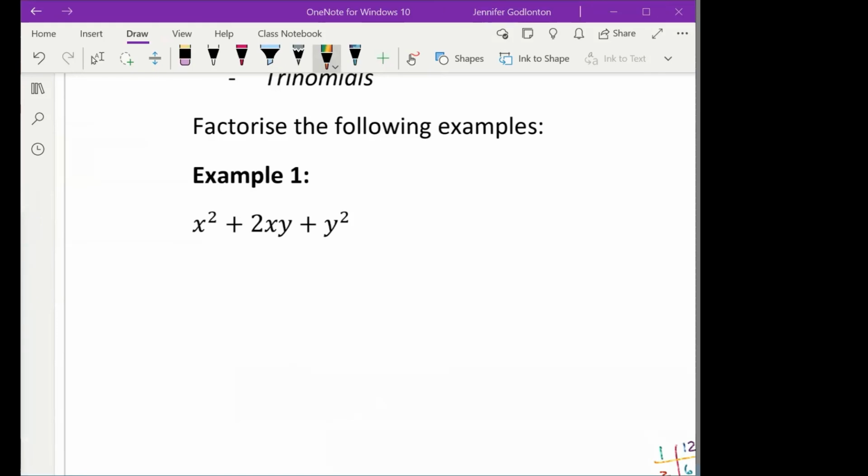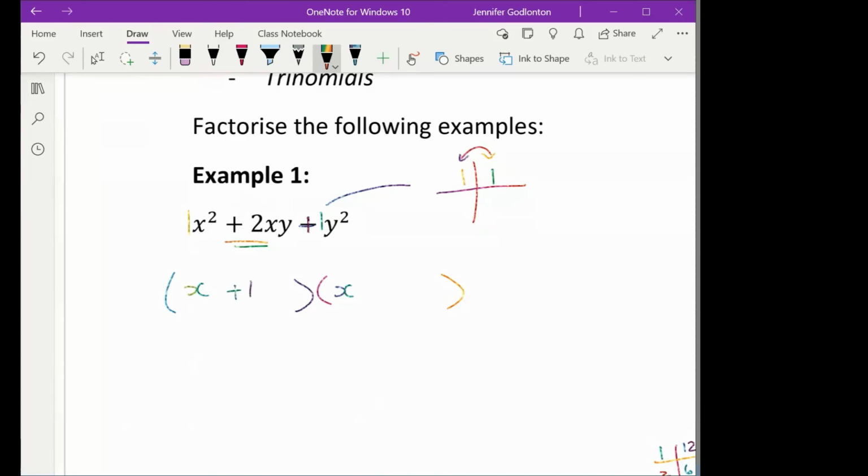Okay. So let's have a look. We've got a coefficient of 1 here and a coefficient of 1 there, which means that our only factor pair that we can use is 1 and 1. All right, so far what we know is we know we're going to have an x there, and we know we're going to have an x there. This is a plus sign, which means our signs are going to be the same as each other, and we're trying to get positive 2, and we're dealing with numbers 1 and 1.